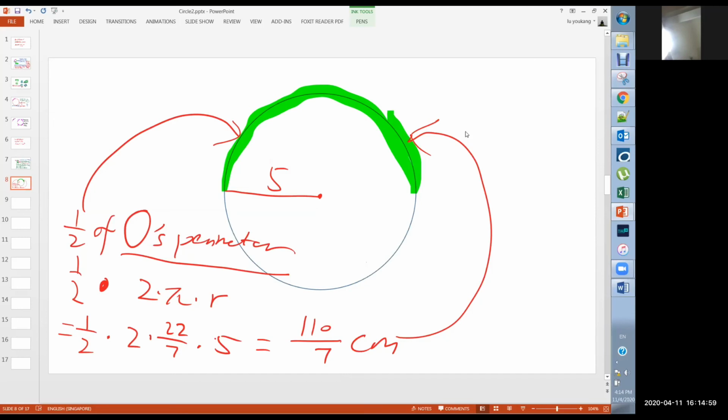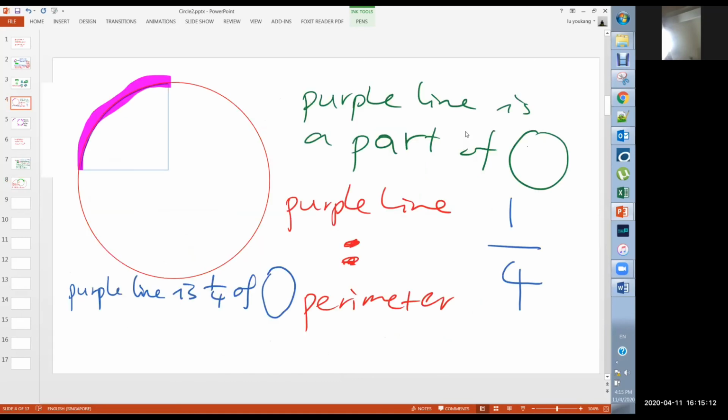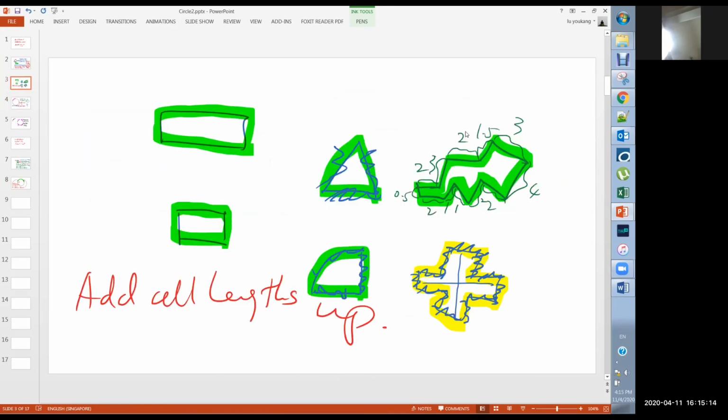Okay. To find perimeter, what operation do we use? Not the formula, just the operation. What operation have you used so far? Plus, right? Plus the square, then the square. Correct.